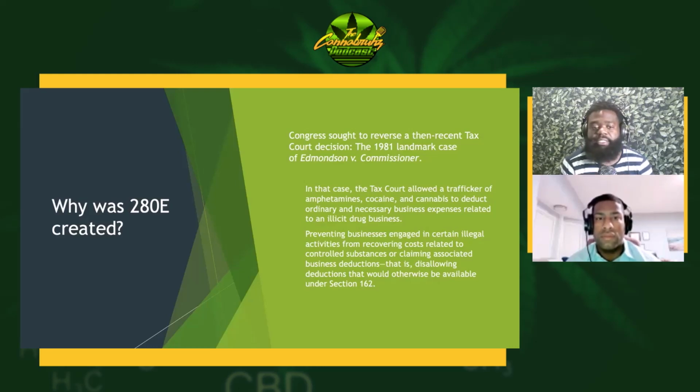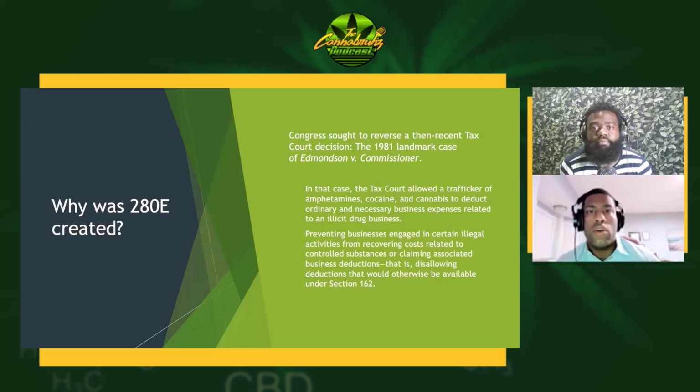We're talking about deductions like rent, and in this instance, the scale. So things that actually touch the flower, things you use to transport and that directly touch the flower. In any other business, you would be looking to write this off.